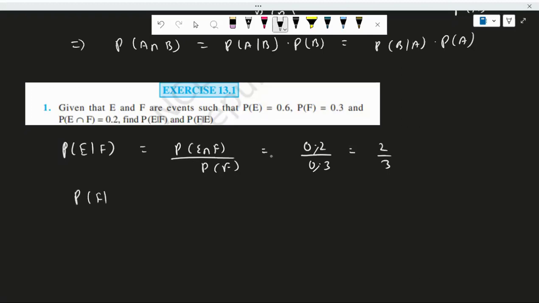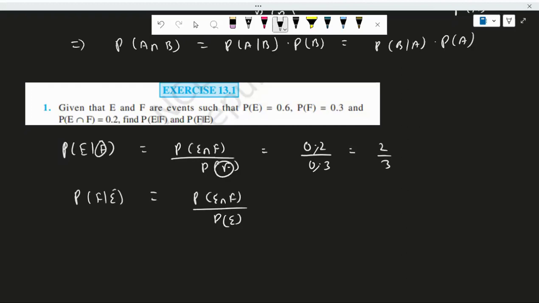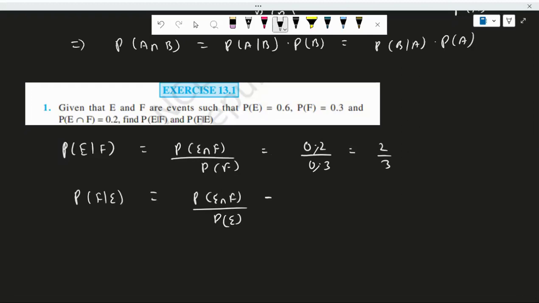P(F by E) equals P(E intersection F) over P(E). So 0.2 and P(E) is 0.6. That comes to 1 over 3. These two are the answers.